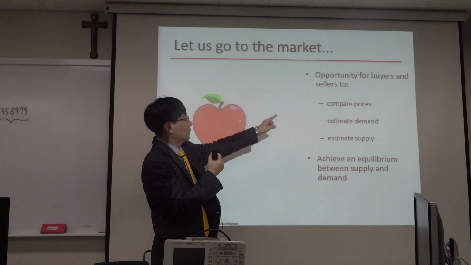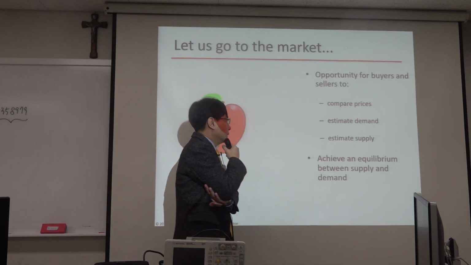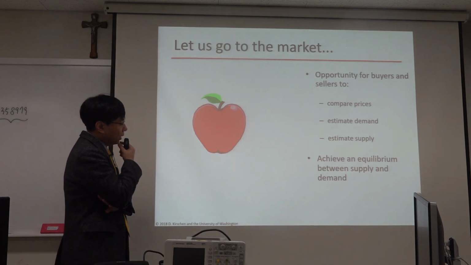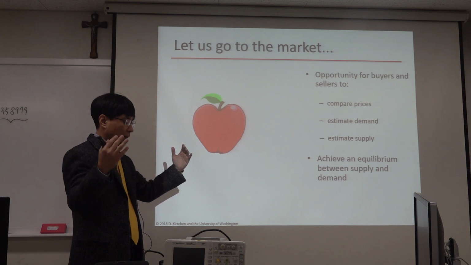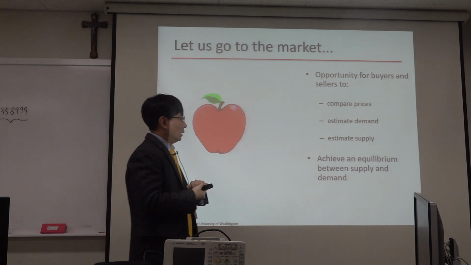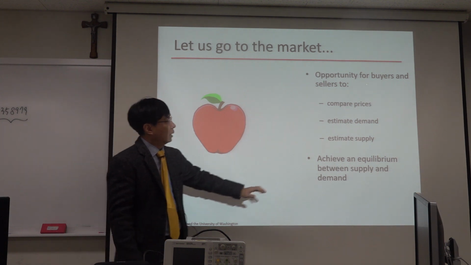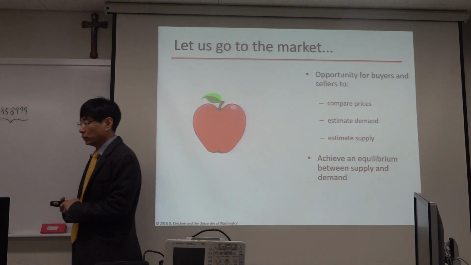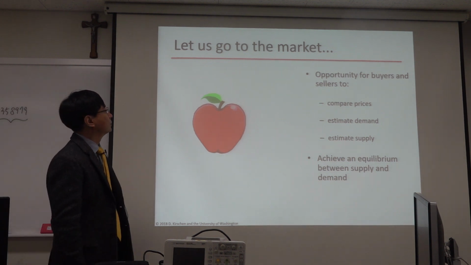And the sellers need to estimate the demand, and the buyers need to estimate supplies. And based on the interaction between sellers and buyers, depending on the price, we can achieve an equilibrium between supply and demand. This is what you learned in high school, right? But we will go into the detail today.